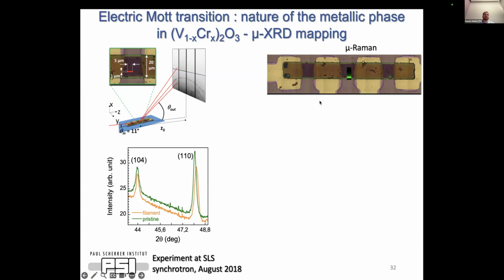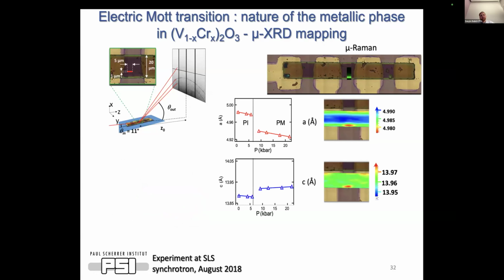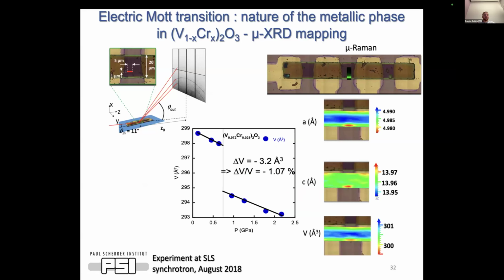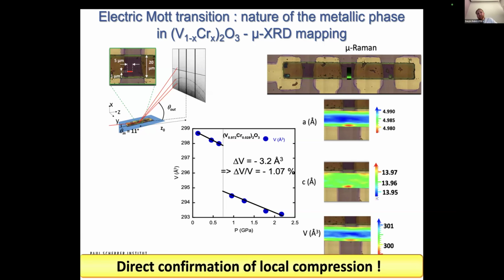Exactly at the place where the conductive path appeared and Raman showed changes, we see a shift of diffraction peaks. If you calculate the a and b lattice parameters, you definitely observe a change of volume, which is a direct confirmation of local compression of the filament in the system. Thanks to this study, we clarified the nature of the phase induced by the electric mode transition.